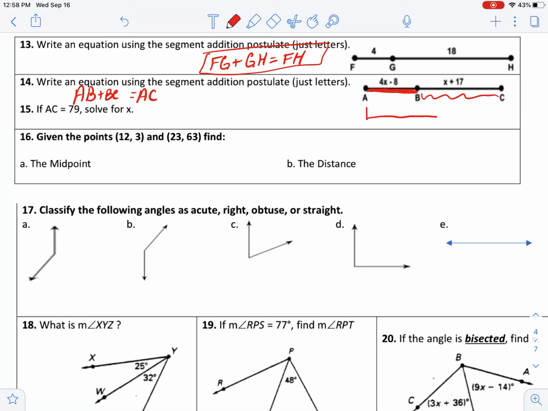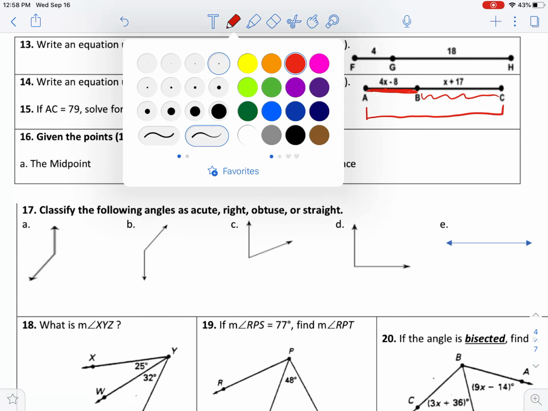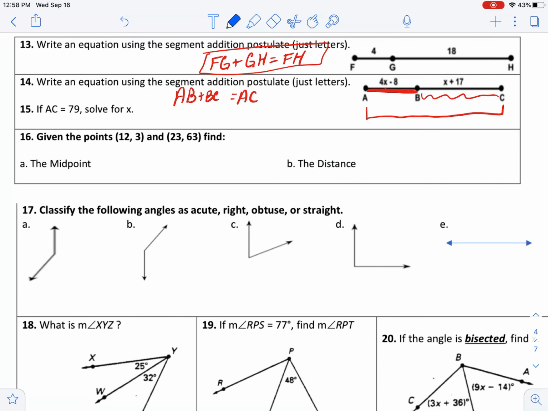And then if I want to solve for x, so AC is 79. Let me move this over to show why I want you guys to use this. Because once you have that segment addition postulate, you can just fill in the numbers. AB is 4x minus 8.